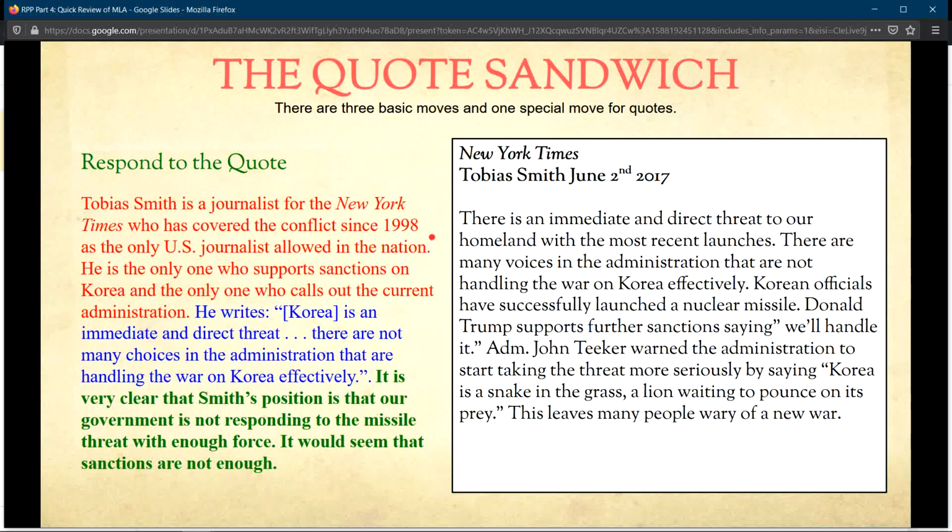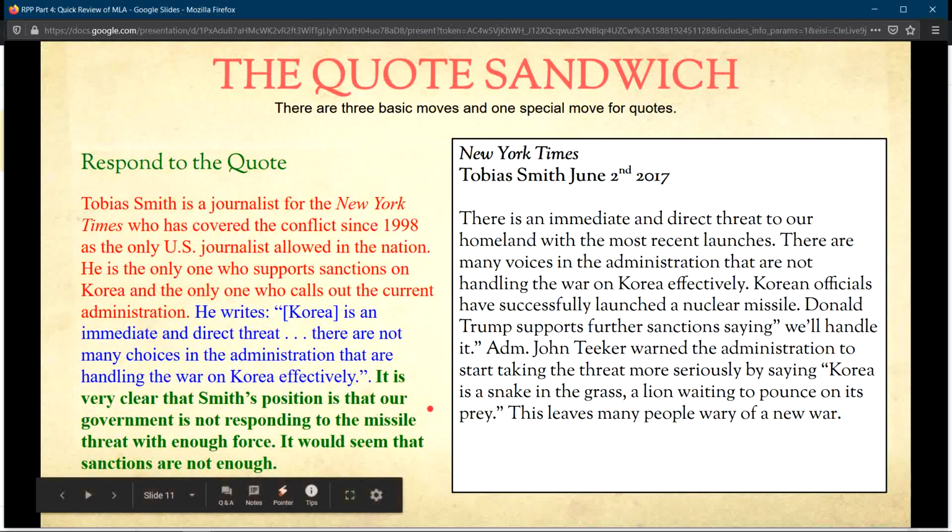So they have one move, which is introducing the quote, and then a direct quote, and then they explain that quote. It is very clear that Smith's position is that our government is not responding to the missile threat with enough force. It would seem that sanctions are not enough.